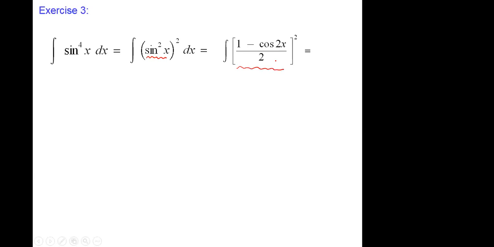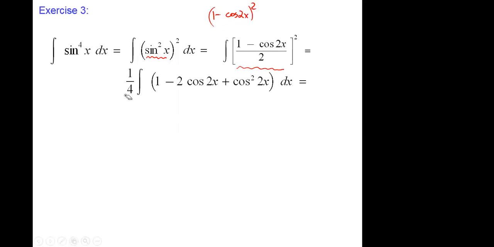The only thing is, I still have additional square. 2 to the power of 2 is 4. That means 1/4 I can put in front. And then I have 1 minus cosine of 2x, squared.